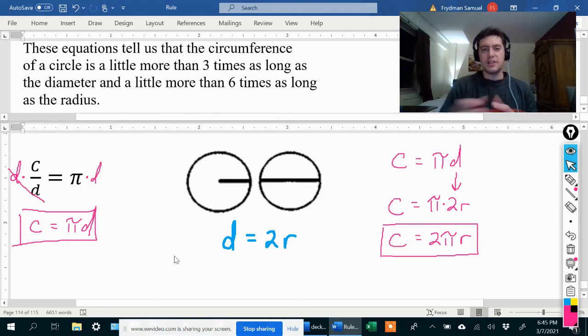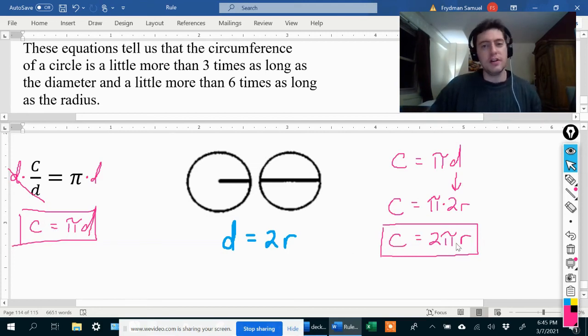Okay, so just like I said earlier, when you see the equal sign, you can just read that equal sign as the word is. So this equation over here, and also remember that pi is just a number which is a little bit bigger than 3, right? So this equation is telling us that the circumference of a circle is a little bit more than 3 times as long as the diameter, okay?